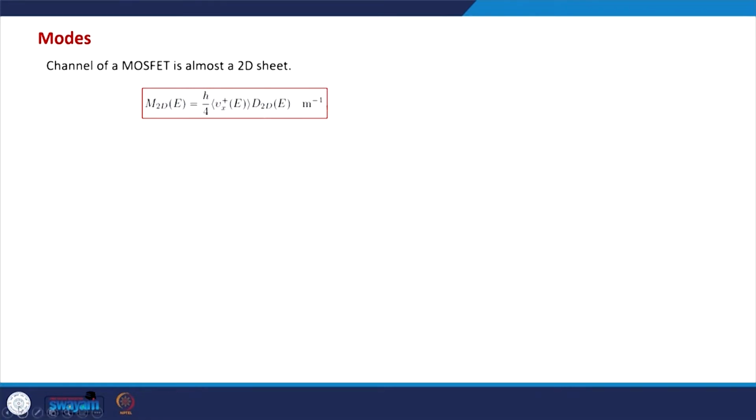So, for a 2D channel, the modes are defined as M(E) is equal to h by 4 times the average velocity in x direction times the density of states of the device for a 2D channel. And for a 2D channel, we can do this calculation explicitly.